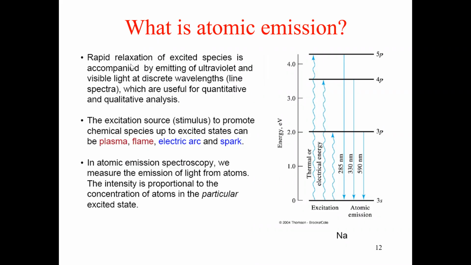The rapid relaxation of the excited states is accompanied by emitting UV light and visible light at discrete wavelengths. You can see here the wavelengths for this sodium line. We have various lines, from 5P to the 3S, the 285 nanometer line.